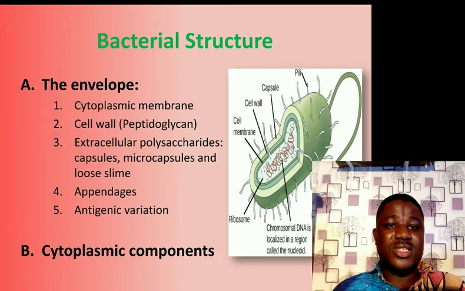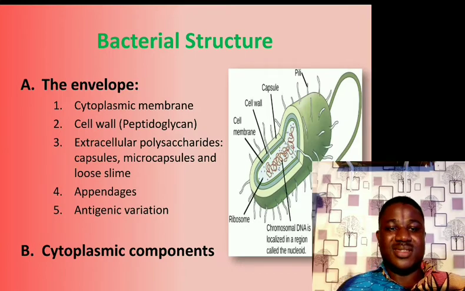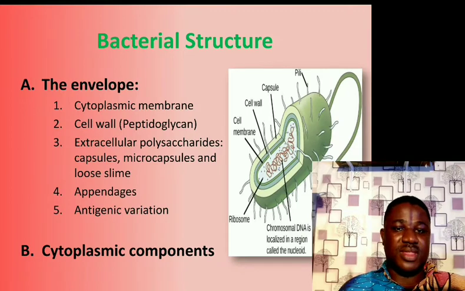Note that these extracellular polysaccharides and structures can be very important in determining the virulence of bacteria, whether they can be pathogenic or not. Bacteria also have appendages around, like the cilia and the pili and all of those things. Antigenic variations also exist within the bacterial envelope, and that's important.